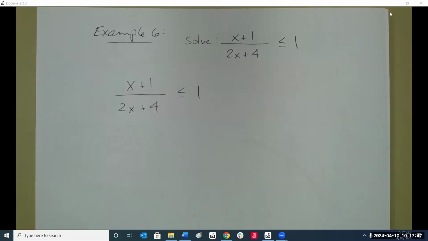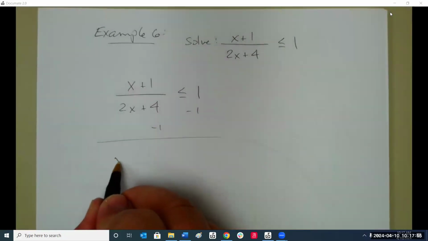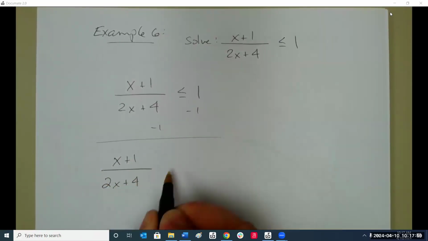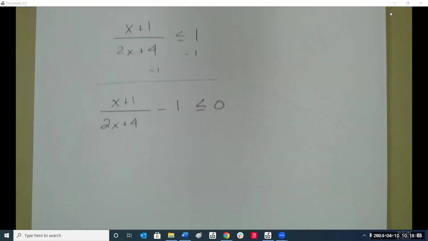Set it equal to 0. So we have to subtract 1 from both sides. X plus 1 over 2x plus 4 minus 1 is less than or equal to 0.